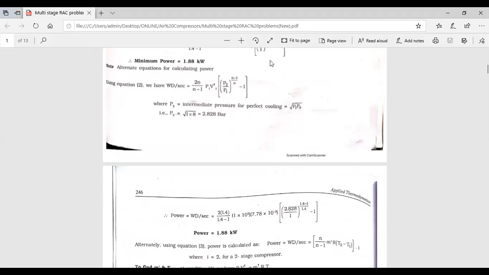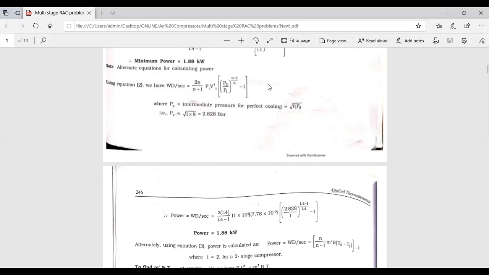Remember, this is the standard formula for a two-stage air compressor, where n is the index, given in the problem as isentropic, so take n as 1.4. Next, P1 is 1.013 bar, atmospheric pressure.